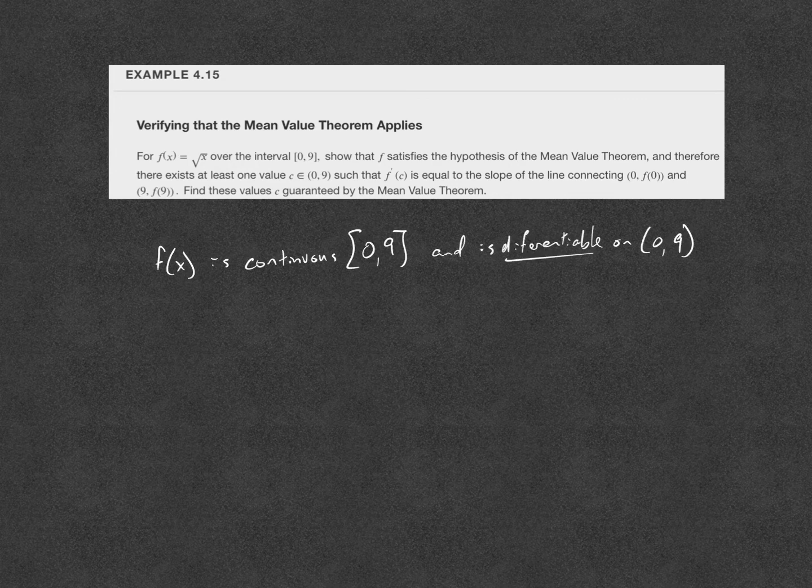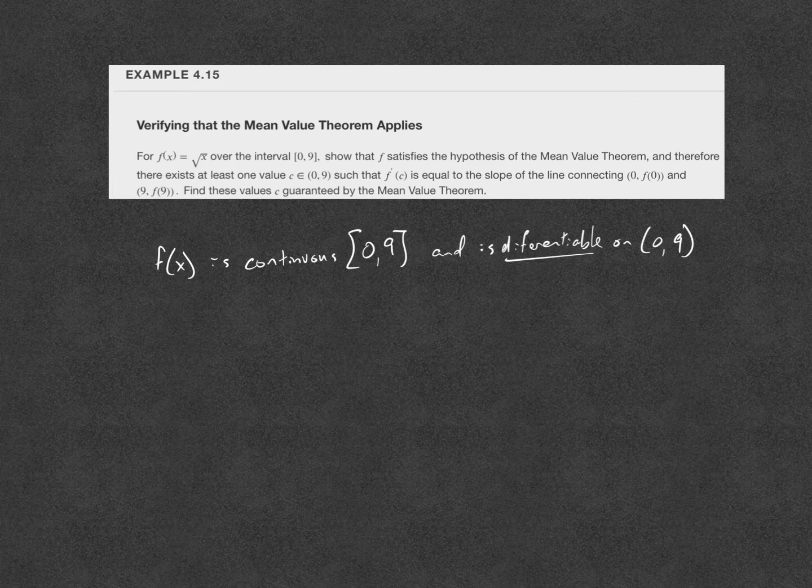The derivative technically does not exist at 0. It does not exist at 0 because there's no limit from the left of 0. But on the open interval, once you get a little bit above 0, the derivative does exist after that. Okay, and it is continuous. We can take the square root of any number between 0 and 9, including 0 and 9. So the mean value theorem here applies.